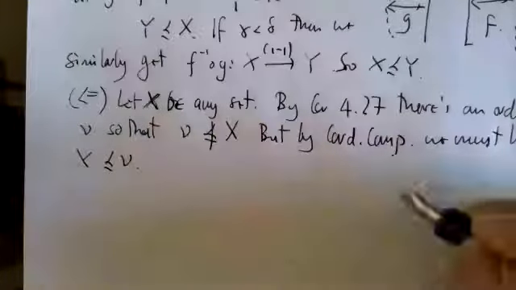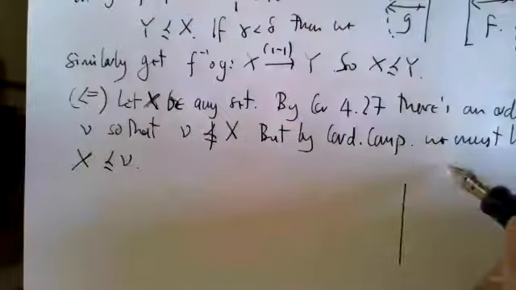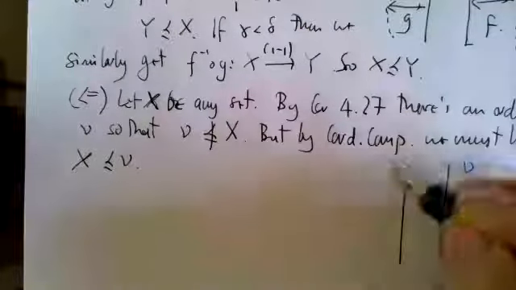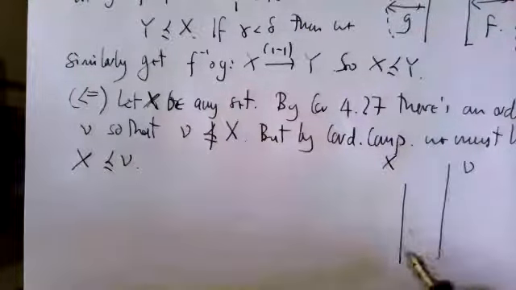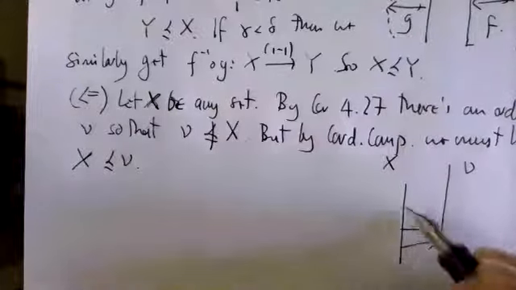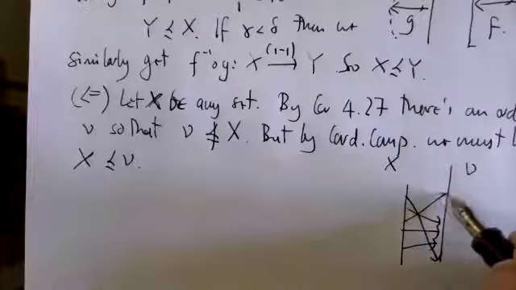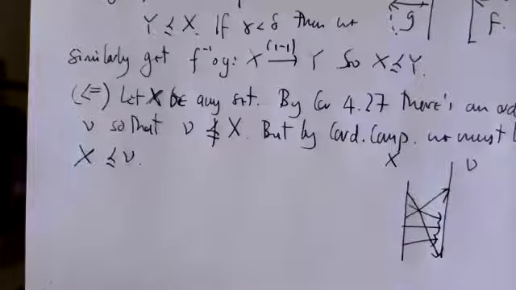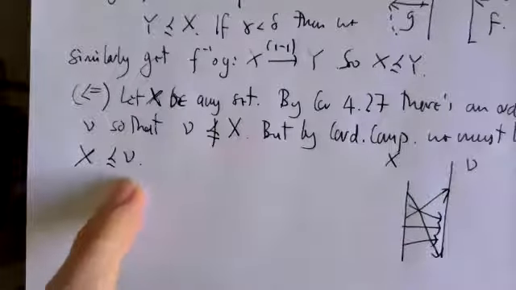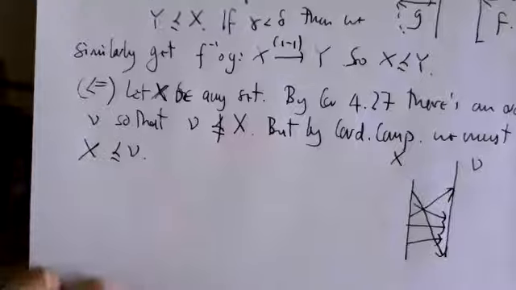So now I can well order X. Here's X, here's nu. I have a 1-to-1 function going in this way, whose range is contained in nu. Right?